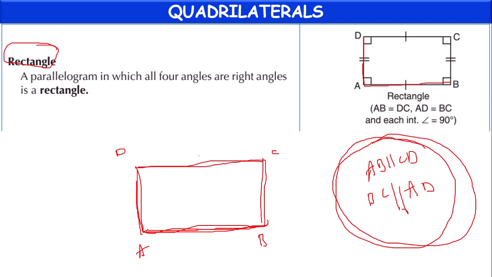Along with that, all four angles are right angles. So this is the first angle, this is the second angle, this is the third angle, this is the fourth angle.